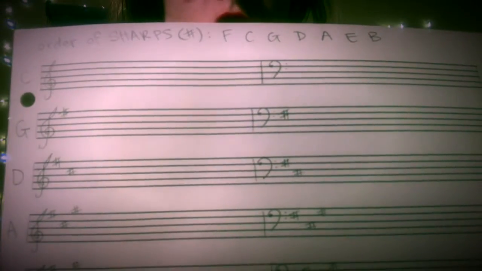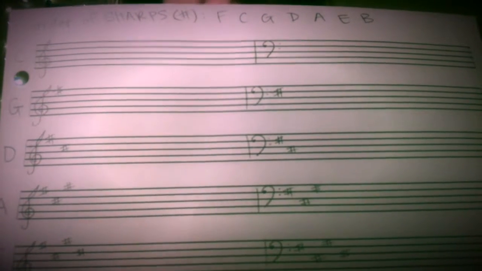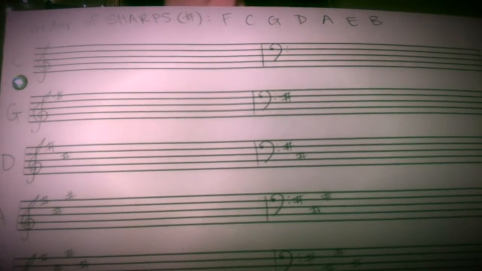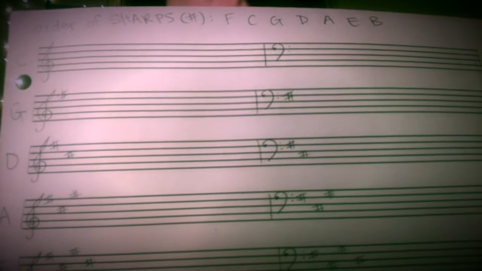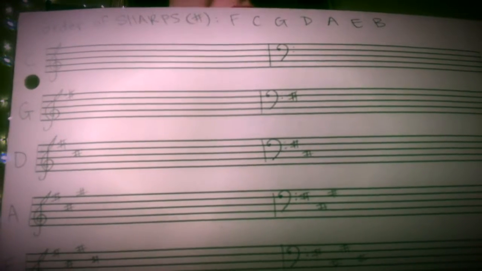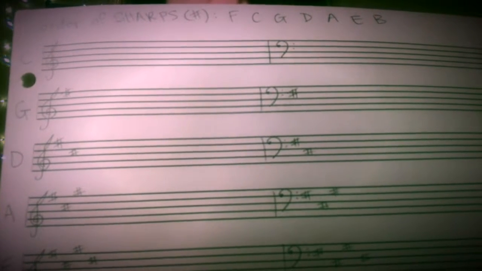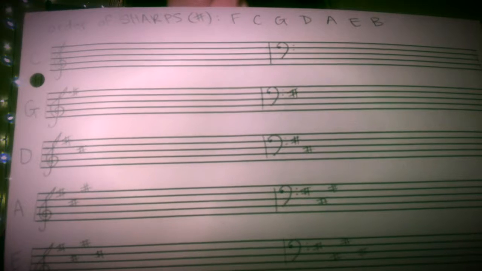If you have 1 sharp in your key signature, that sharp will be F because F comes first in your order of sharps. If you have 2 sharps in your key signature, those sharps will be F and C because F comes first and C comes second in your order of sharps.